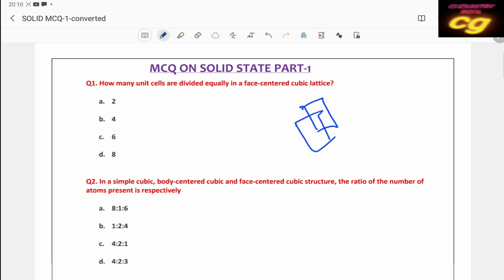This is a face, this is also a face, like this 6 faces are there. Through 6 faces the unit cell will be divided, so by each face the unit cell will be divided. That's why the answer will be 6.